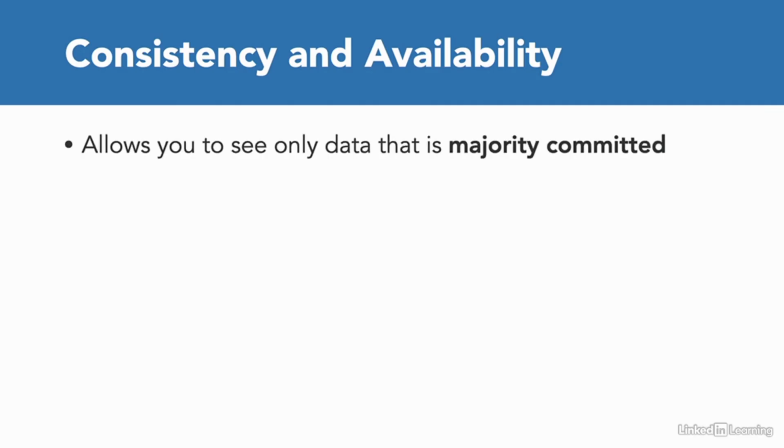Okay, in the previous video about insert commands, we learned about the write concern. For find one and find many, you may need to know about the read concern for consistency and availability guarantees. In some cases, it may be important to only see data that is majority committed as compared to data that is written to the primary but has not yet propagated to a majority of nodes.